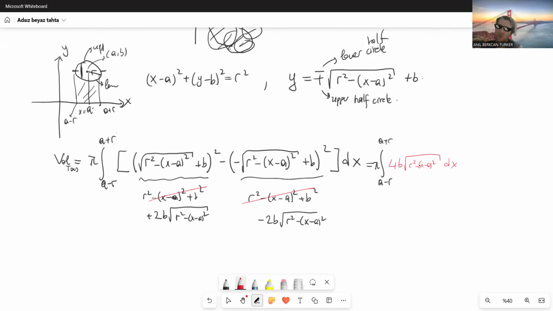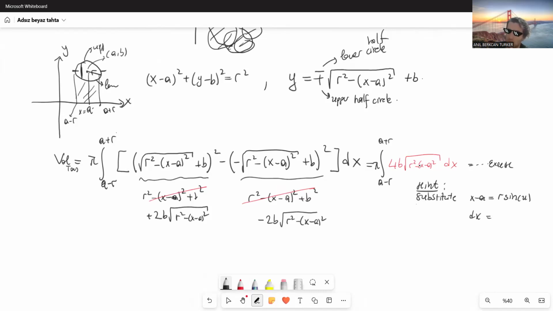Okay, let me give you a hint about solving this. Let's make the substitution. Substitute x minus a as r sine u.